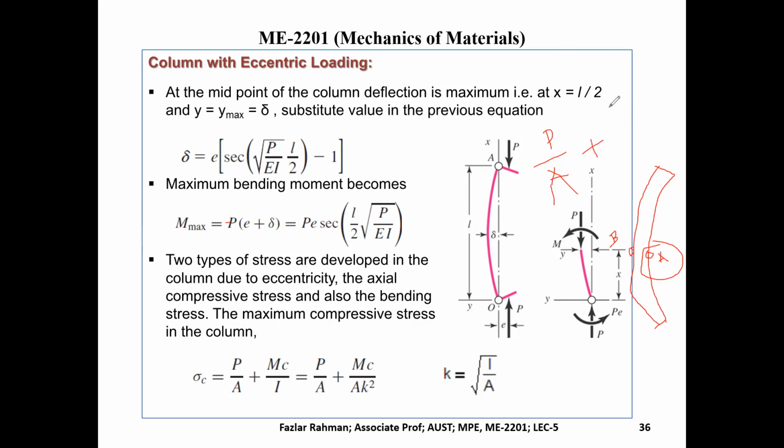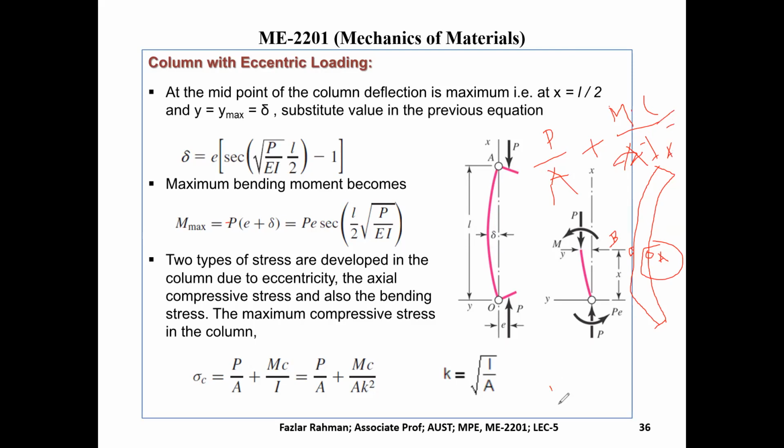How do you figure out the compression stress? Sigma equal to MC over I, right? This I. Now this is for point A. What about B?